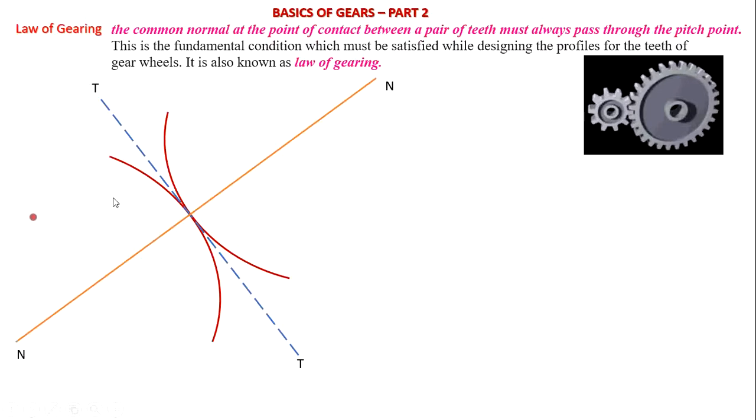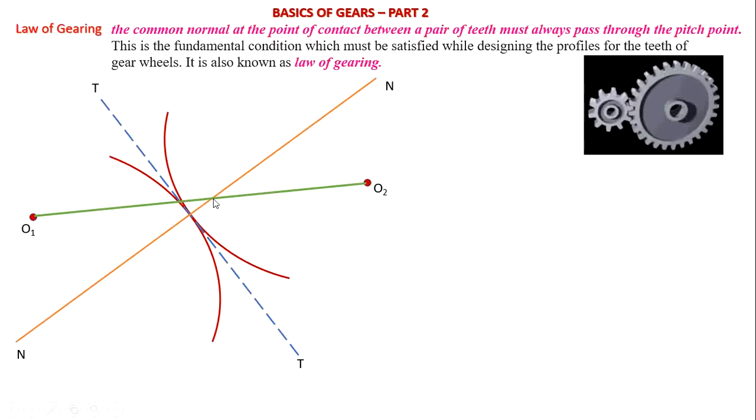Now we'll go with this. Imagine that this is the center of rotation of gear 1. Say this is O1, and the center of rotation of gear 2 is O2. We can join the two with a line. This is the line joining the two gear centers, and imagine it cuts the normal at one point.